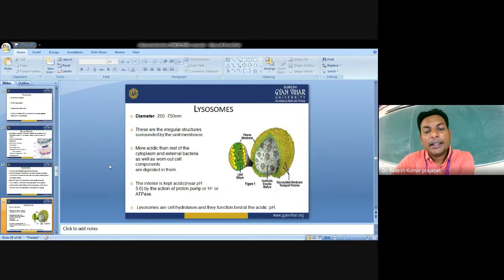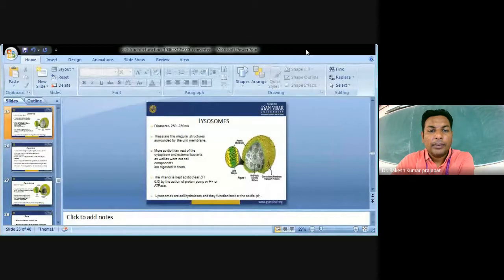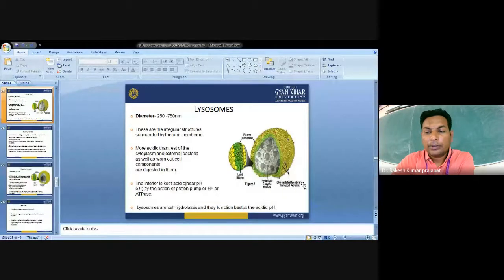The interior is kept acidic, near pH 5, by the action of a proton pump.